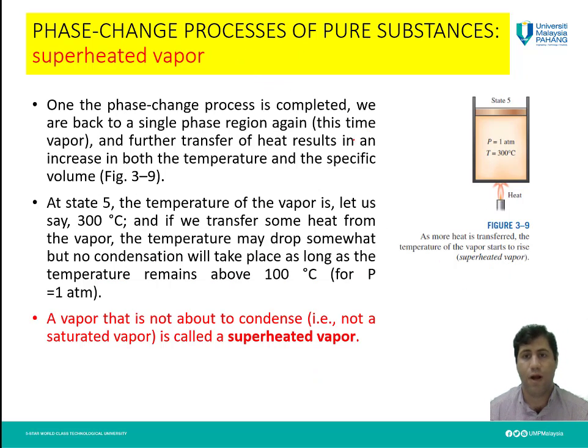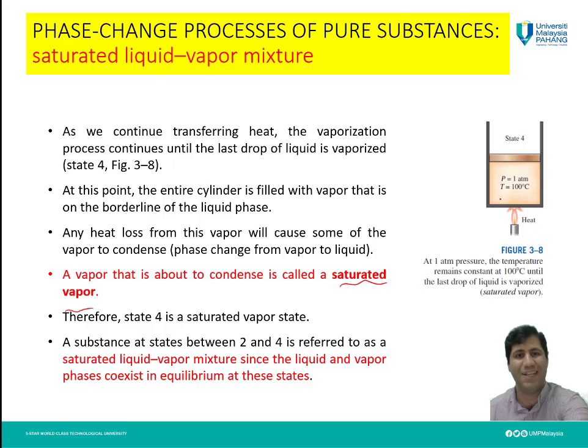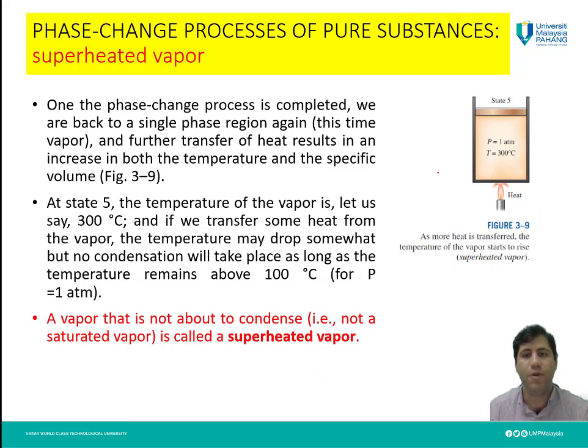Let's go back to our example. Here the temperature is still 100 degrees Celsius, and all of the liquid water has changed to vapor. Then if we continue this warming up of this cylinder, the temperature of the vapor will increase.